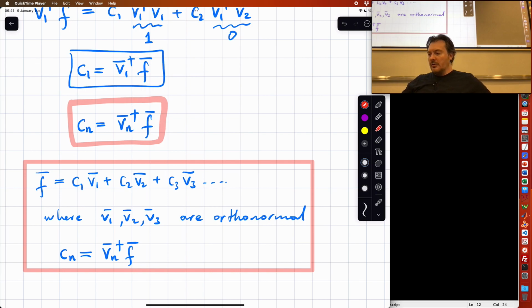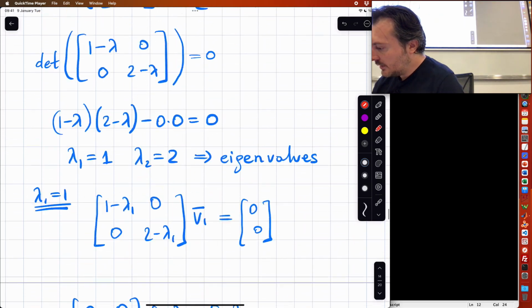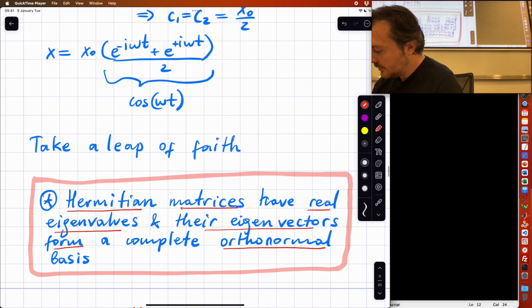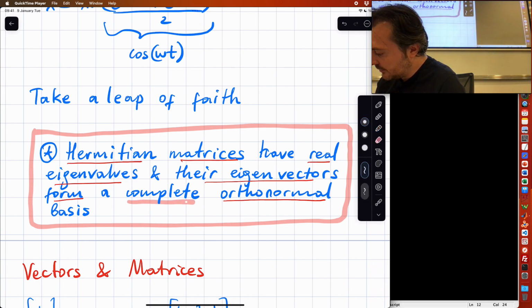So that's what we call forming a complete basis. Do we understand the sentence now?